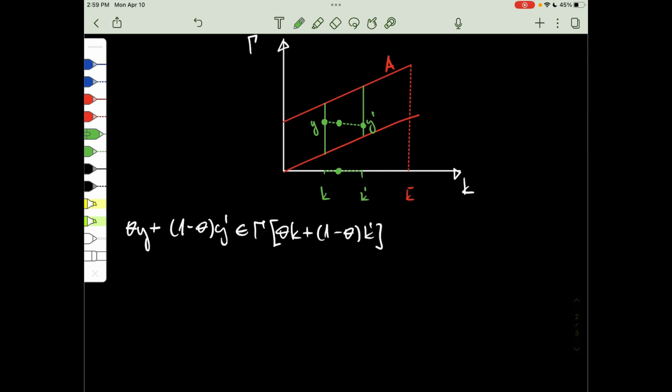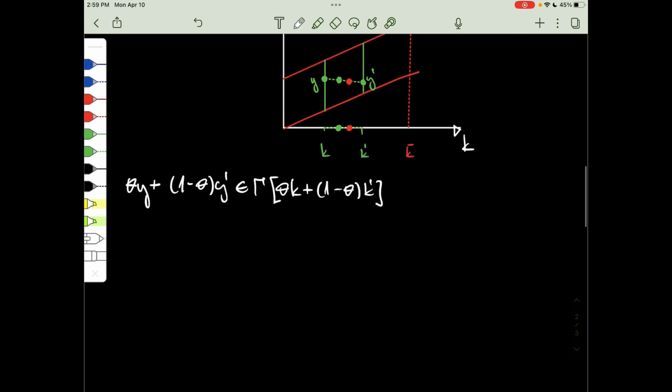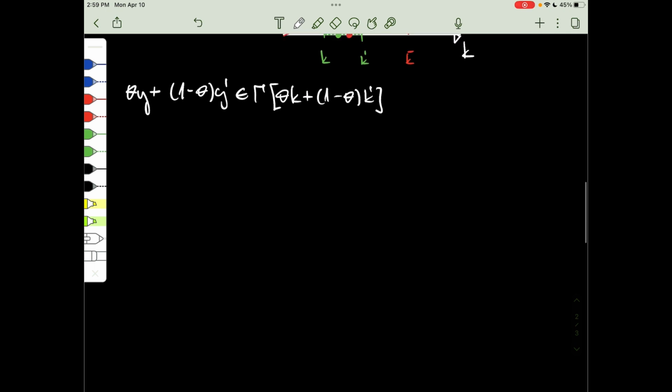No matter what convex combination of the capital stocks we pick, we have an inner point along the line between y and y prime. But let's try to demonstrate that A, the graph of gamma, is convex.